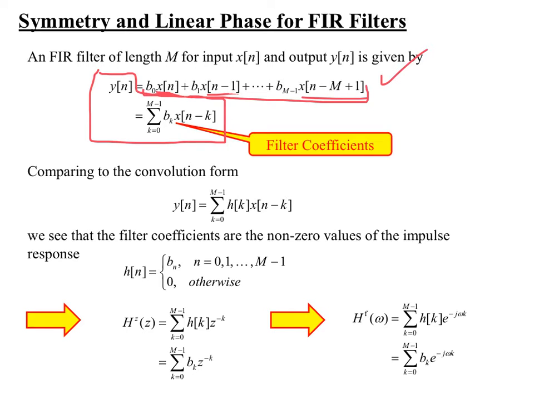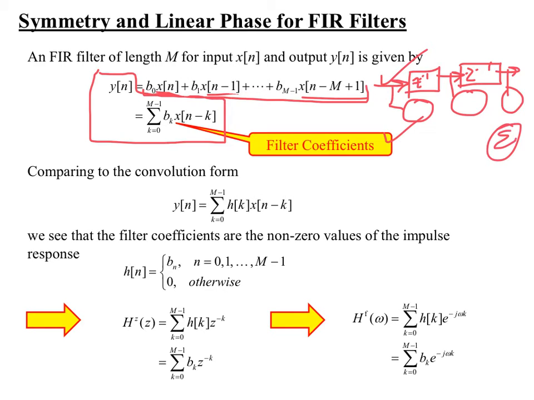So that's our difference equation for an FIR filter, and the B sub k's are called the filter coefficients, although sometimes we refer to them as the filter taps. You might remember we had a block diagram that looked like this, Z inverse, Z inverse, and what we do is we take a sample off from here, multiply it by a coefficient, take this, multiply it by a coefficient, take this, multiply it by a coefficient, and then add all those up.